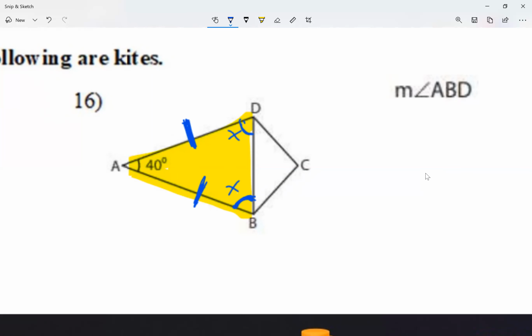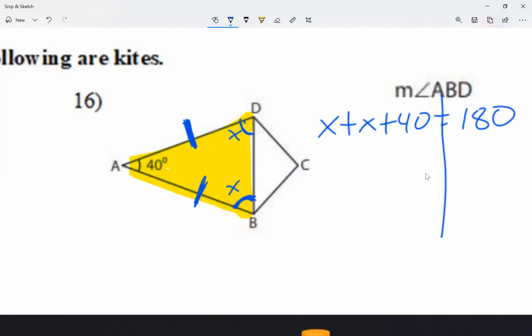Now, looking at the triangle, it seems like I have measurements for the three angles. Let me add the three angles, X plus X plus 40. And I know in a triangle, they all add up to 180. So on the left side, let me combine my like terms. 1x plus 1x, that's 2x. So 2x plus 40 is equal to 180.